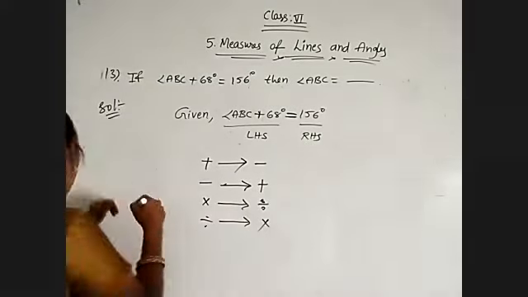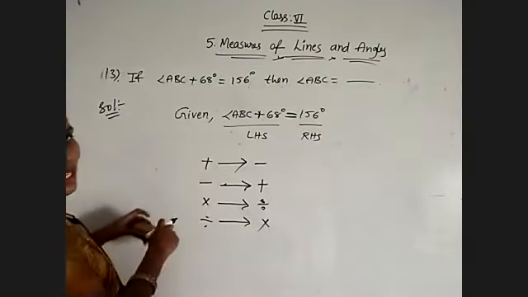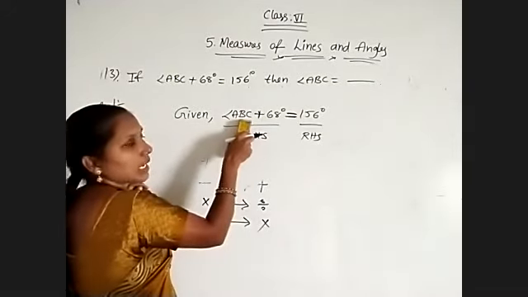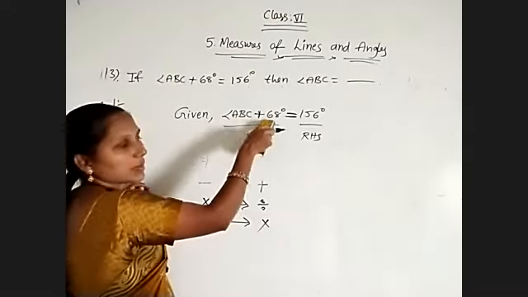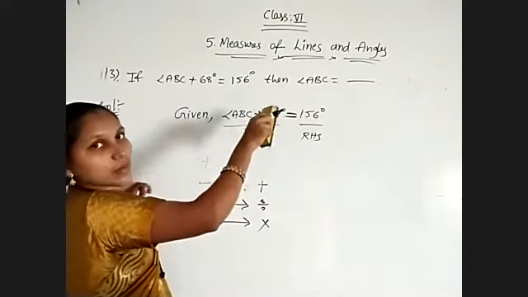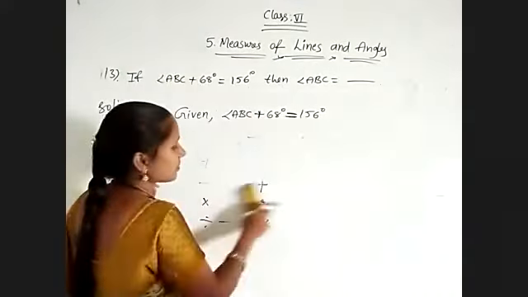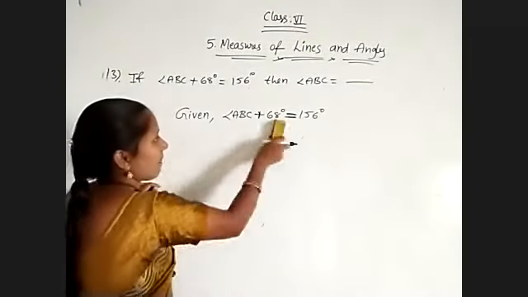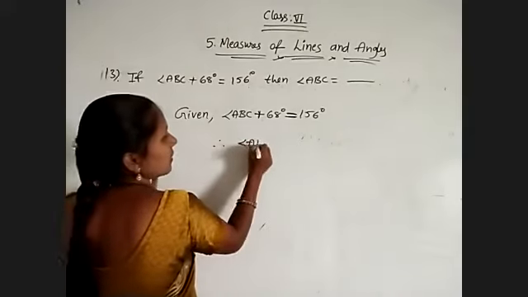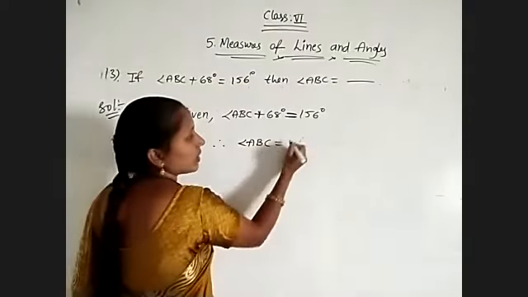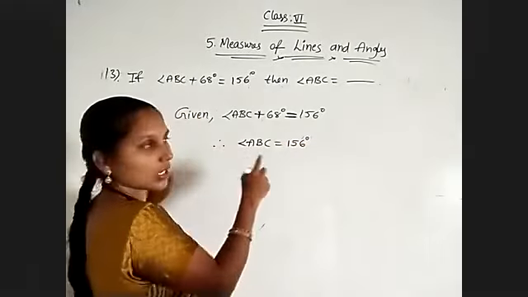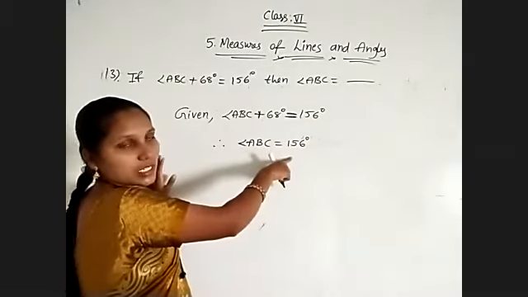Here, which mathematical operation do I have at the left side? That is plus. I want to get ABC itself. The extra term is plus 68. Bringing it to the other side, it will transform as minus 68. Therefore, angle ABC will be equal to the right side value, which we must write first.